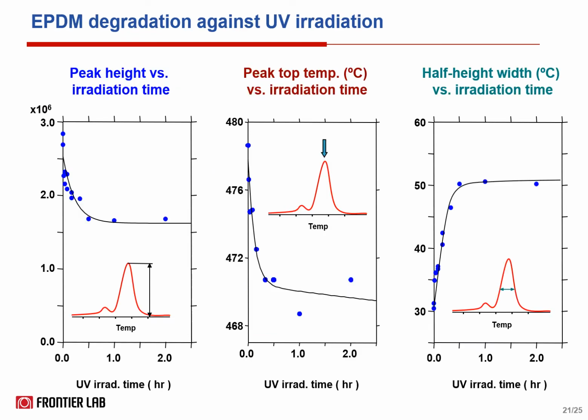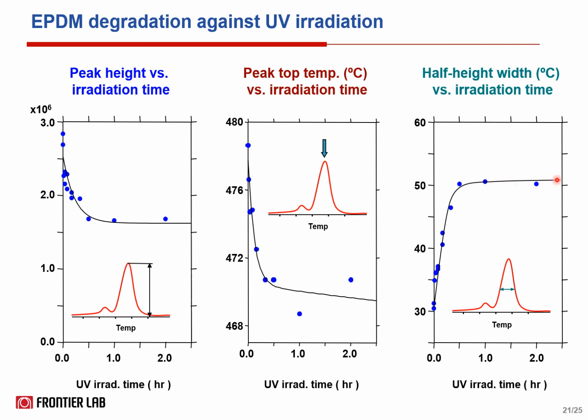So we plotted the relationship between irradiation time versus peak height, peak top temperatures, and half height width. As irradiation time increased, the peak height decreased, and the peak top temperature also decreased or shifted to lower temperatures, whereas half height width increased as irradiation time increased.